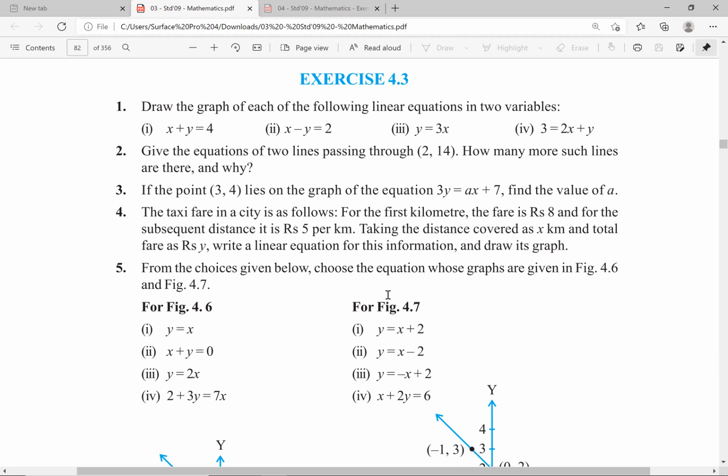I'm not able to see anything, Hamna. Are you showing something? Because I'm not able to see anything. Hamna?